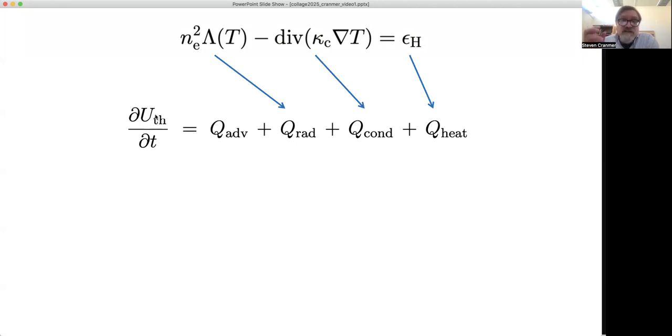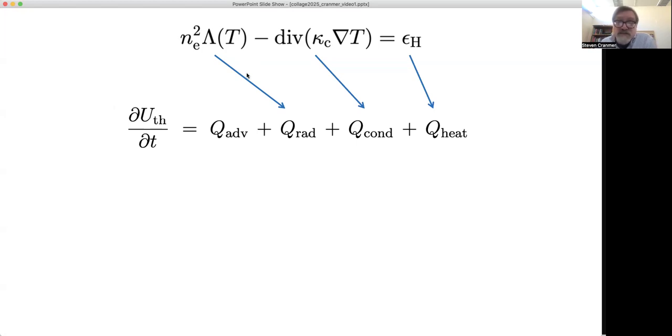An energy density is joules per unit volume, and the partial derivative with respect to time is showing how it evolves, right? These and everything on the right-hand side are the sources and sinks, right? Sources of heat and ways that heat can be taken out of the system, right? We're solving this for a parcel of gas or a parcel of plasma, and we want to know how do things heat up and cool down, right?